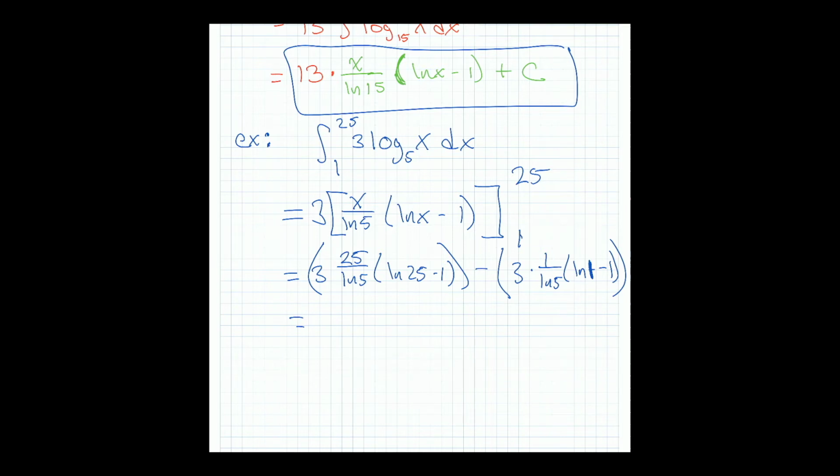And there's probably some simplifying you can do here. I'm not really going to do much. Let's see here, what can we do? I do know that ln 1 is 0, so we'll use that. And so that's 0 minus 1, minus 1 times a minus is going to be a plus. So I think it's just 3 over ln 5. Like that.